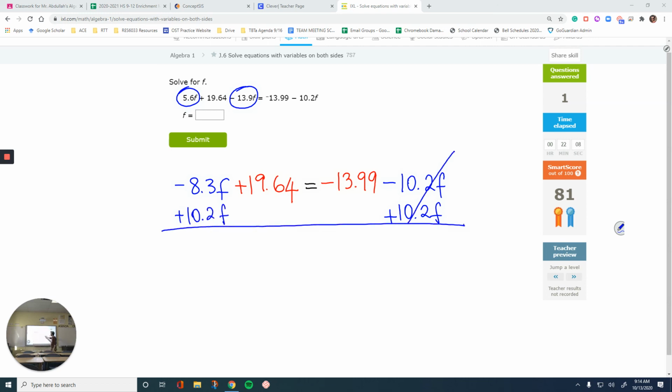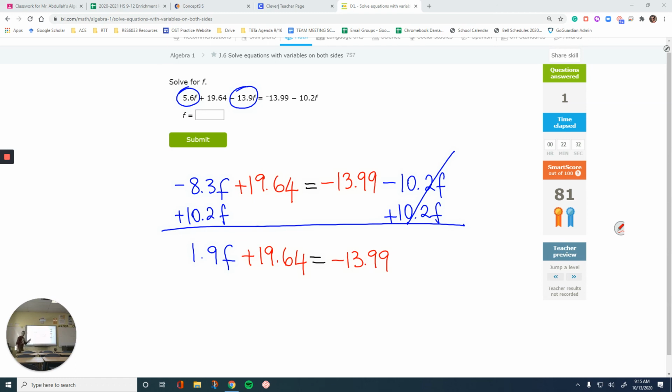These are gone. Left side, the variables are going to be 1.9f, positive. And then drop down the number on the left. Drop down the equal. And the right side. I really hope that I didn't mess up with the numbers.